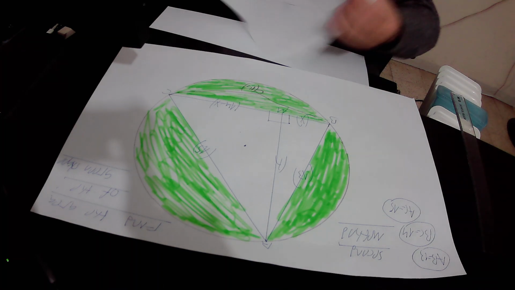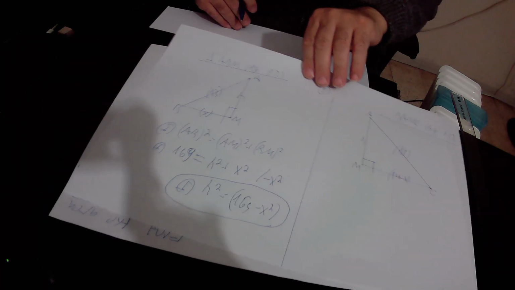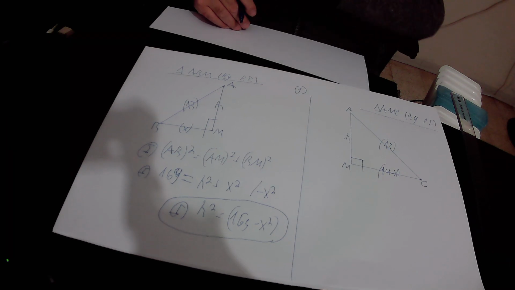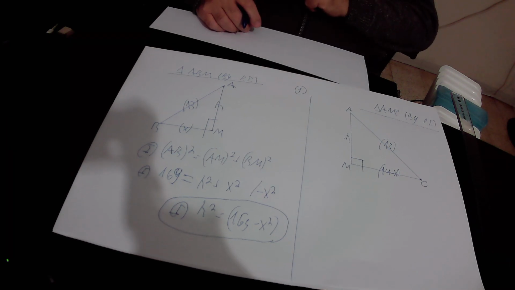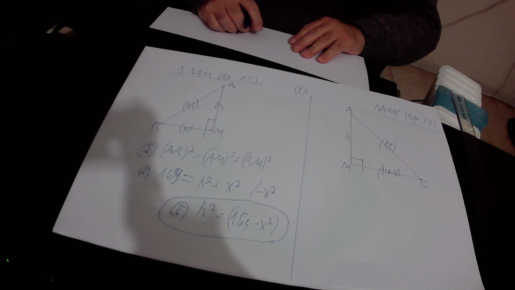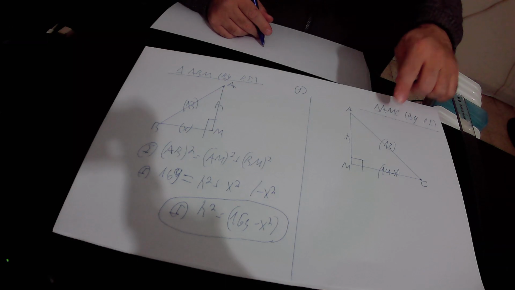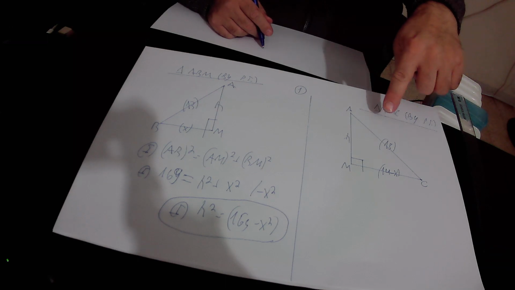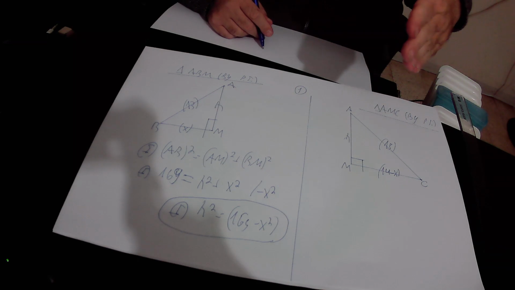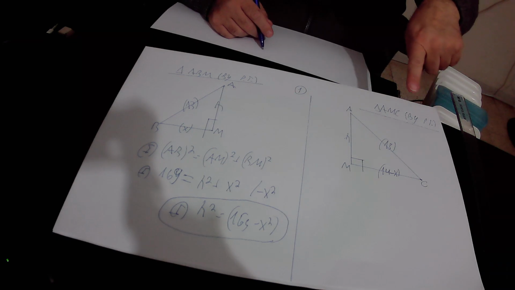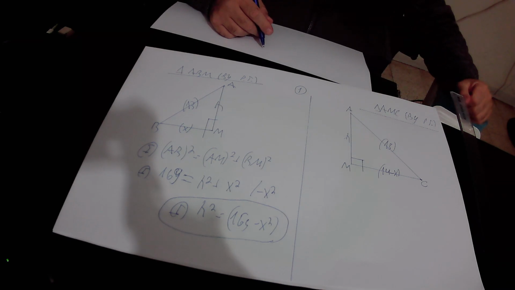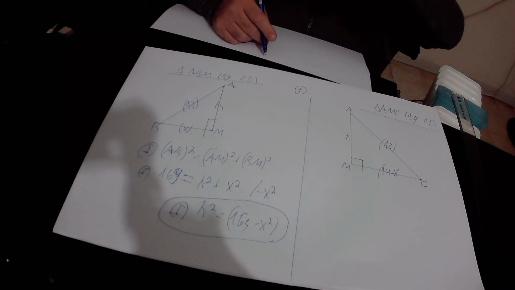So actually, this is the right triangle AMC that I copied from the original drawing. Here PT is the abbreviation for Pythagoras theorem. According to the Pythagoras theorem, in this right triangle AMC, the square of the hypotenuse equals the sum of the squares of the perpendicular sides.